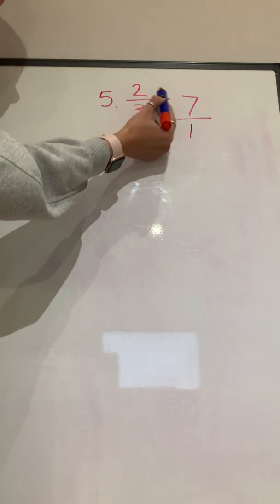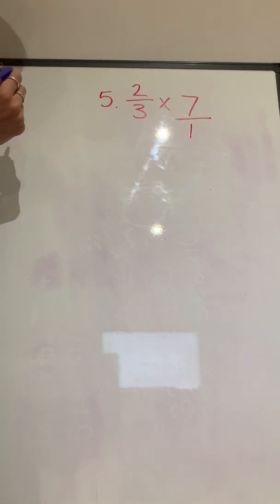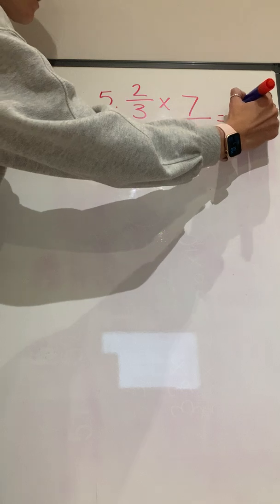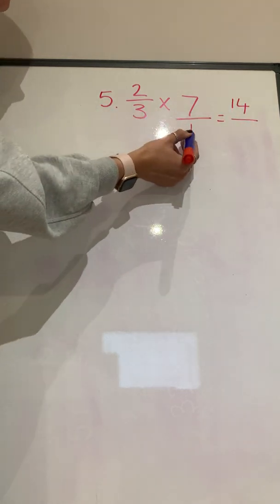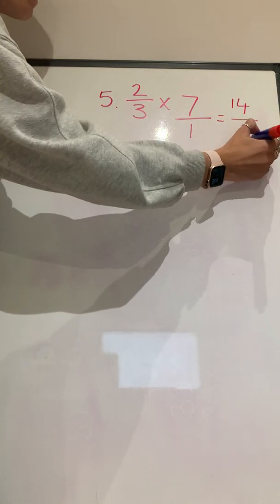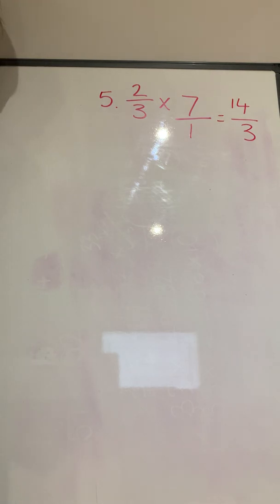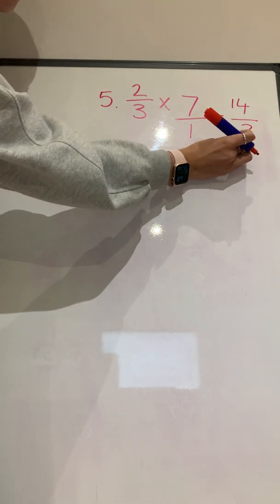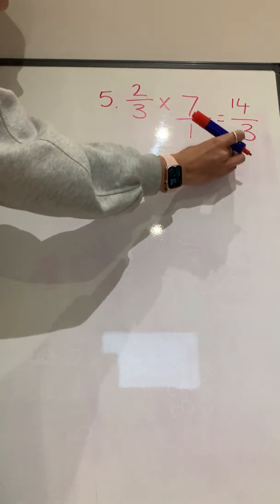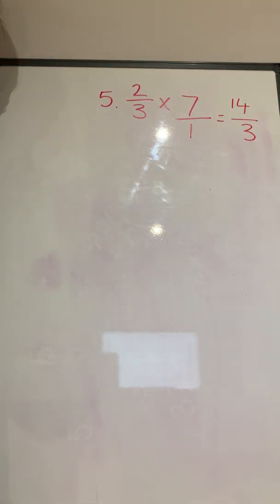You've now got your numerators multiplied together, 2 times 7. And then you've got your denominators, 3 times 1. And then what you need to ask yourself there is, how do I get that improper fraction to a mixed fraction? And you're asking yourself, how many thirds can I get out of 14?